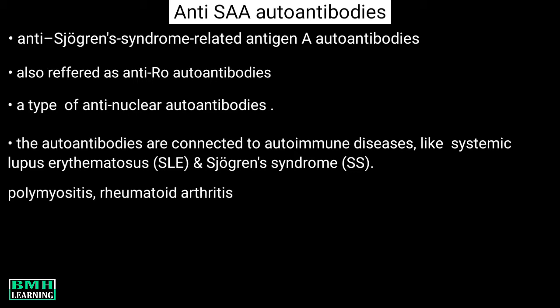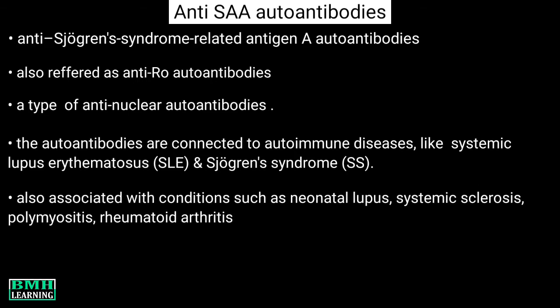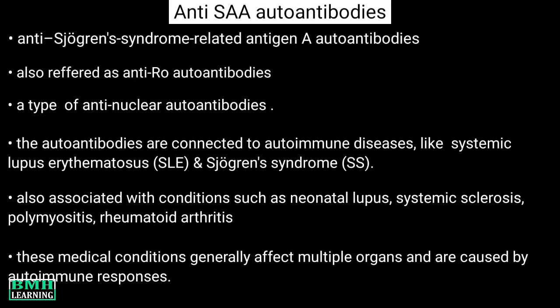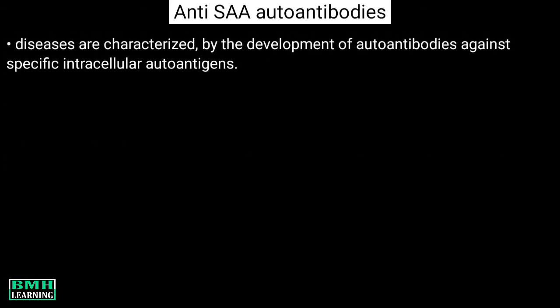Apart from this, they are also associated with conditions such as neonatal lupus, systemic sclerosis, polymyositis, rheumatoid arthritis, etc. The listed category of medical conditions generally affects multiple organs and is caused by autoimmune responses. So, these diseases are basically characterized by the development of autoantibodies against specific intracellular self-antigens, or more precisely, autoantigens.